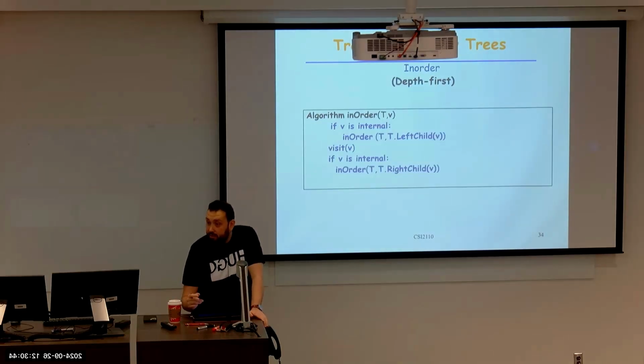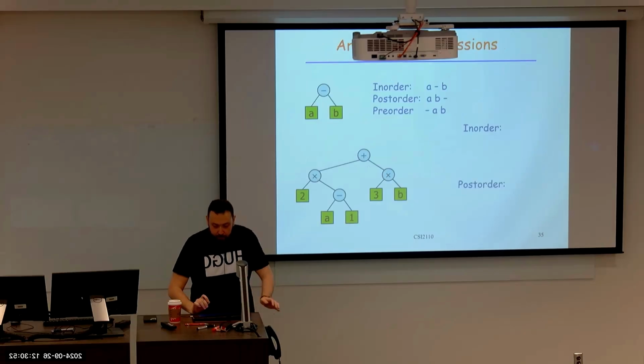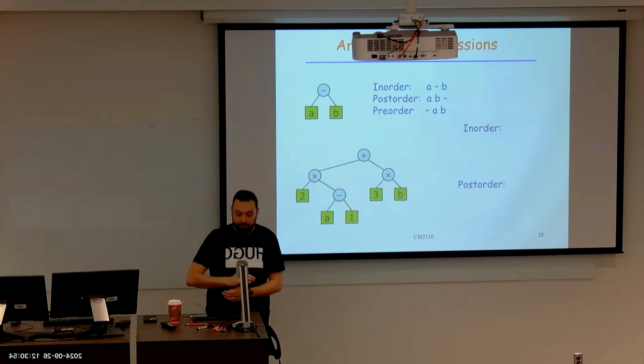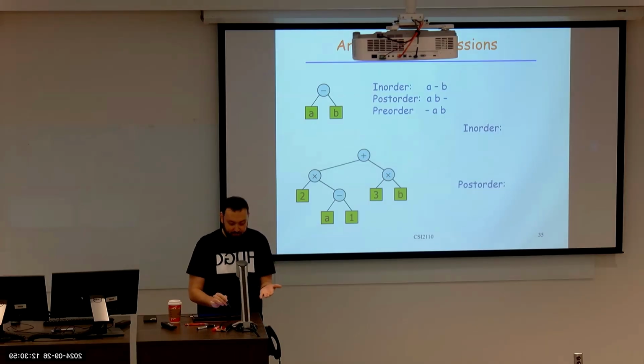Now the in order is what? Left, visit, right. So we go left, we then visit, then we go right. Let's take a look here. I have this. If you look at it like a human being, it's going to be obvious: A minus B. The machine has three ways to look at it.